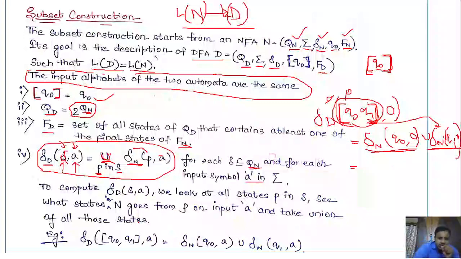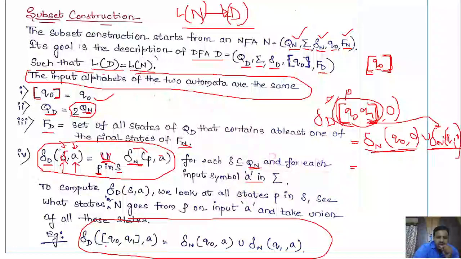Here you could see the example: delta D of [Q0, Q1] on A. It is a single state. Whenever we include states in a square bracket, they are considered a single state in the DFA.